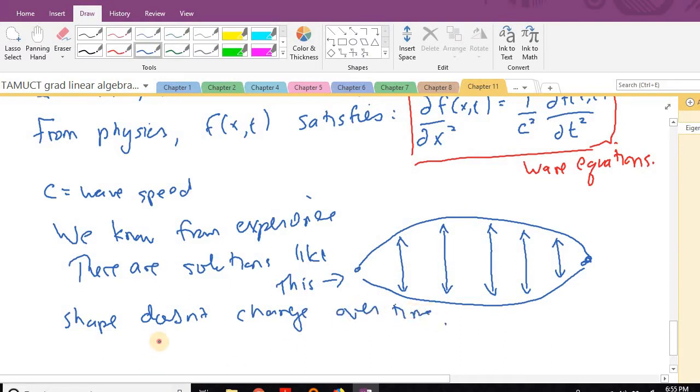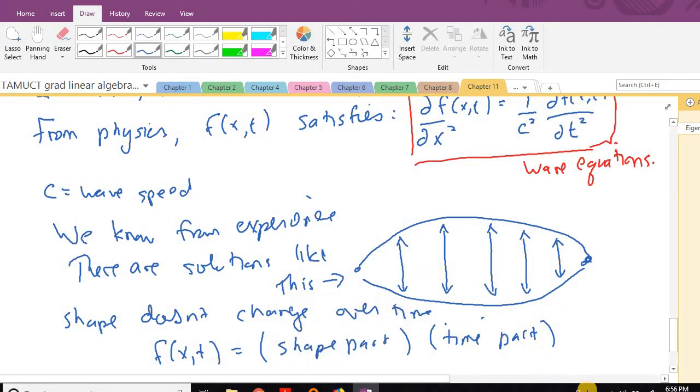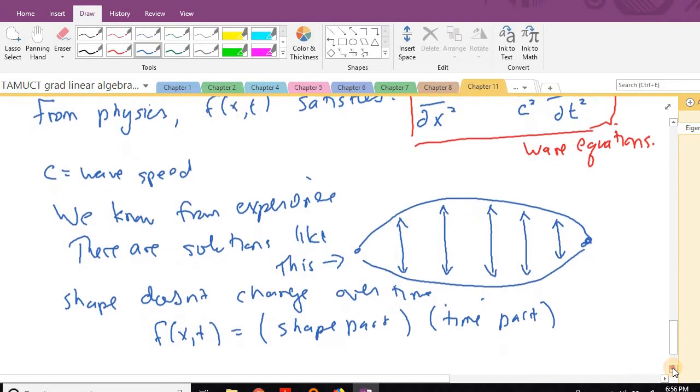So that means that f of x and t gives me this displacement, and there's going to be a shape part, and then there's going to be a time part. And I can separate those out. Shape doesn't change. The whole shape changes the same way over time. Whole shape is multiplied the same over time. Okay. So I can write this.